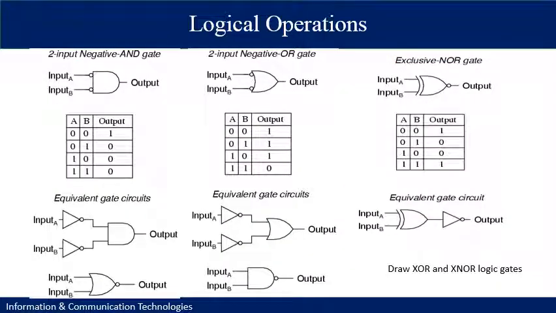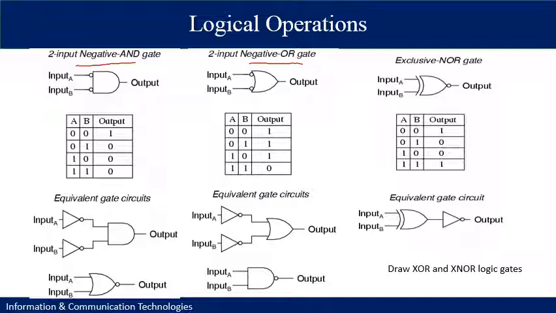So here are some more logical operations. The first gate represents the two input negative AND gate. So this is the inversion of inputs before applying the AND gate. Similarly, the two input negative OR gate is again inversion of inputs and then application of the OR gate.